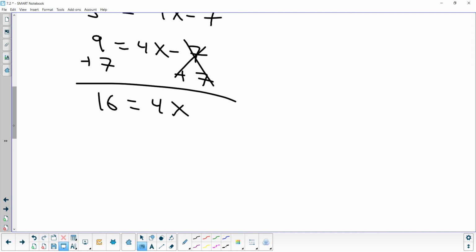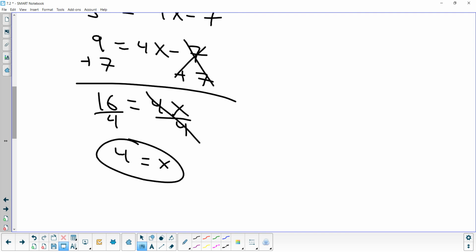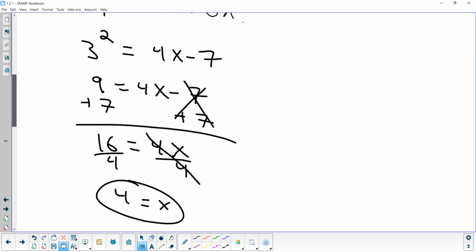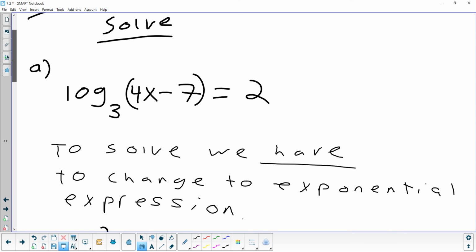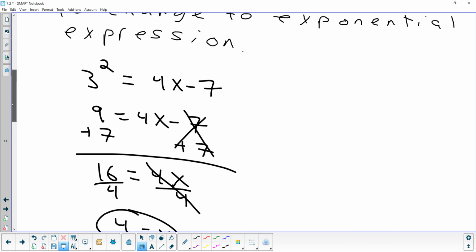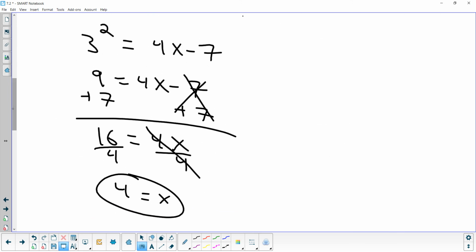Divide each side by 4. And what's 16 divided by 4? 4. There you go. So that's solving a log problem where the variable was in the argument. This one came out to a nice answer, but if this was like 17 divided by 4, we could just put it in the calculator and write it down as a decimal. But we didn't need a calculator this time. Questions on that?